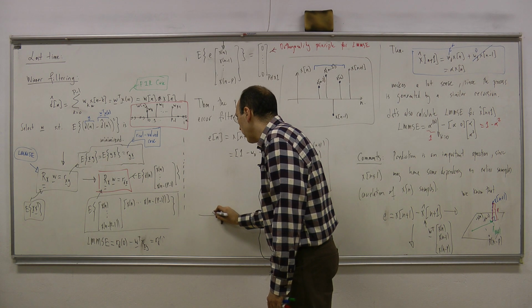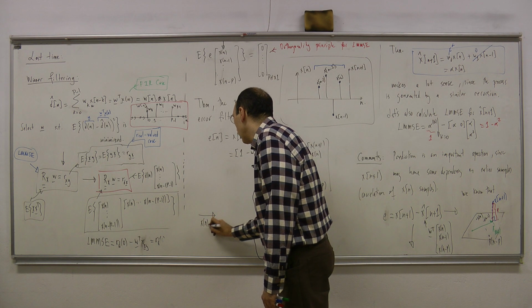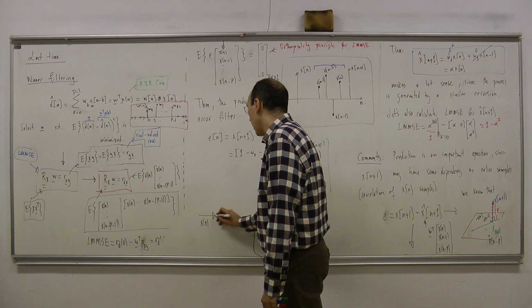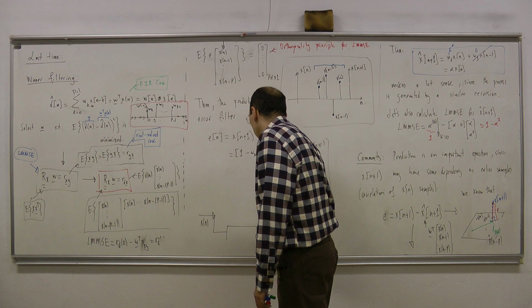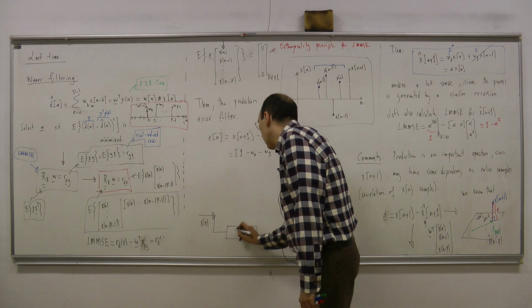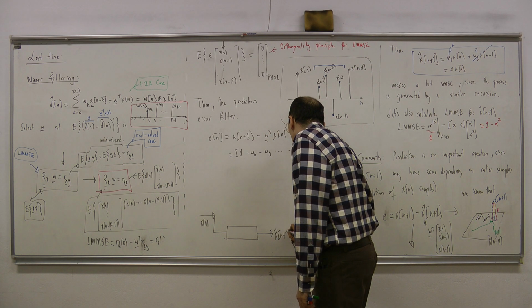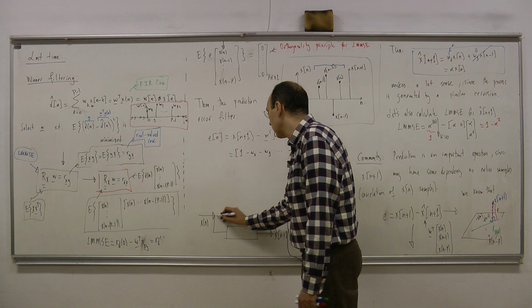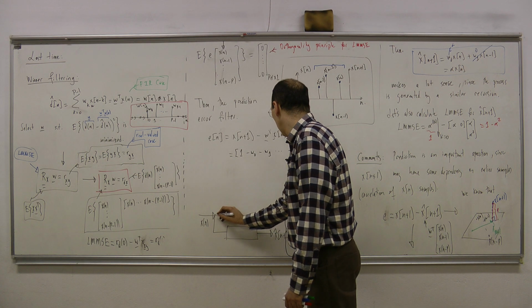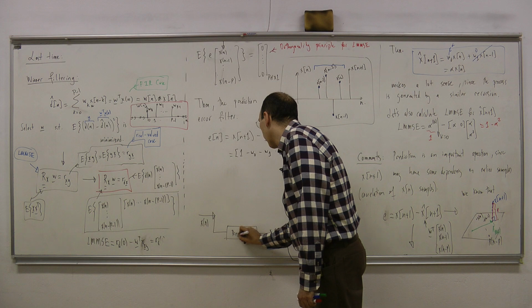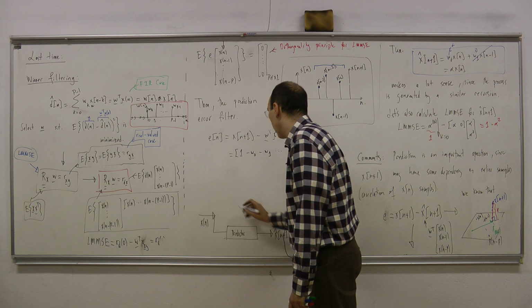Now if I have x of n flowing like this, I may have a prediction. So let's say this is producing x hat of n plus 1, and this is the predictor.